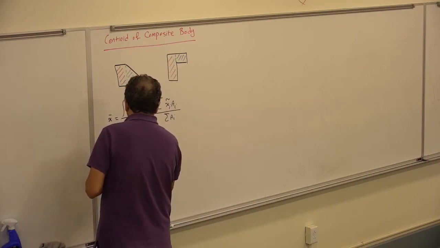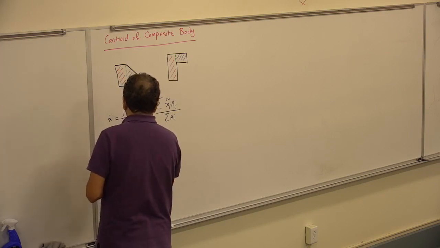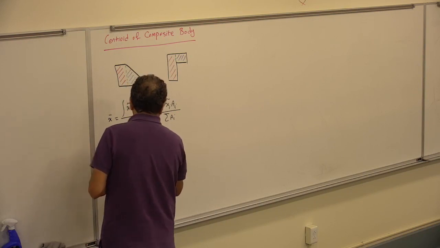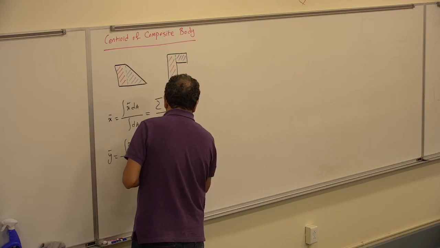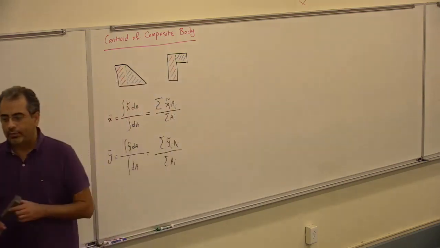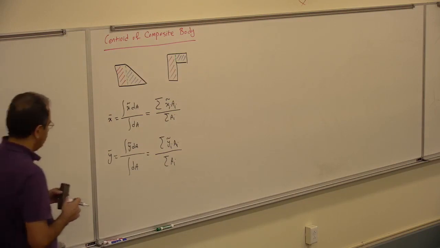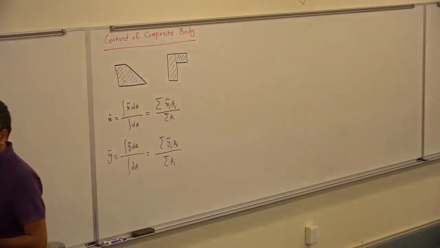It's going to be y tilde dA. I can replace that with sigma y tilde A divided by sigma A.